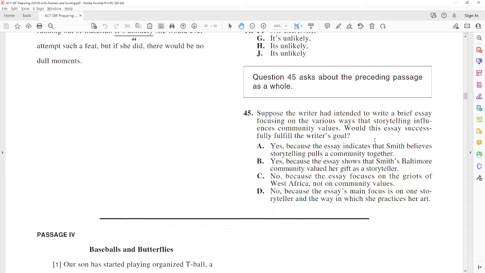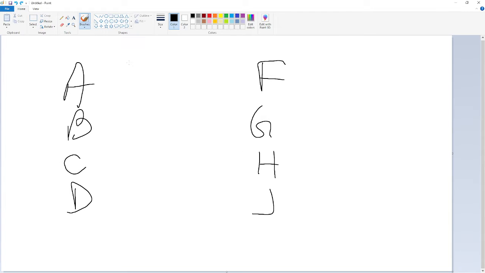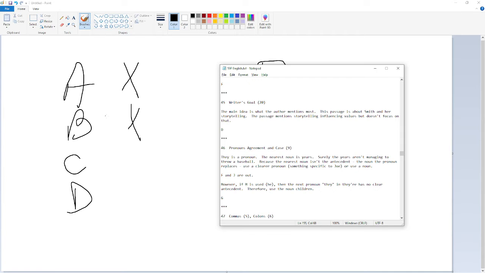The scope is wrong. It's not focusing on the way storytelling influences community values. It's focusing on how Mary Carter Smith is a storyteller and may have mentioned storytelling once or twice, or the importance to the community once or twice. So it's one of the no's. A or B is out. A and B, say goodbye to those.